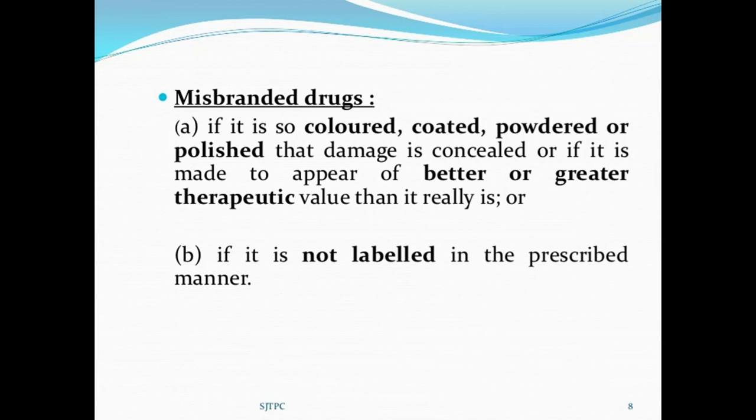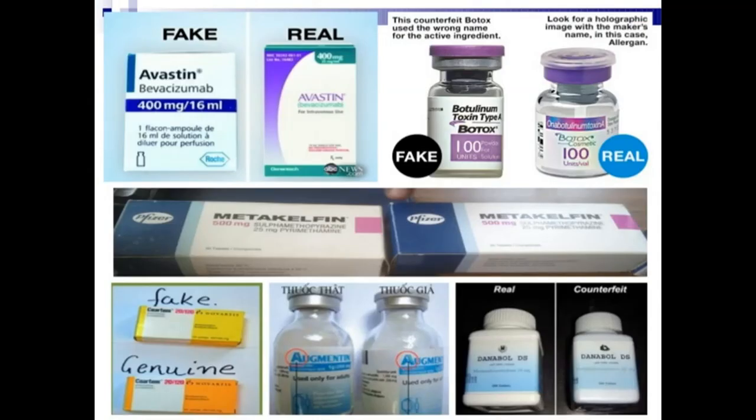Misbranded means a drug of another costlier brand, you can make it duplicate like this. So for example, you can see this is some real brand, this is some fake brand.